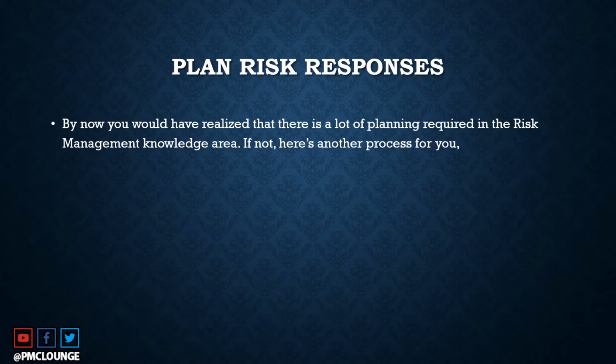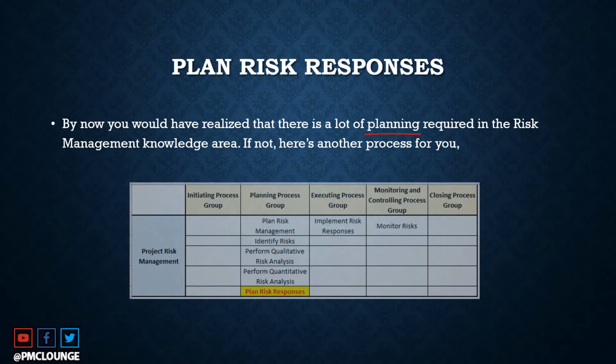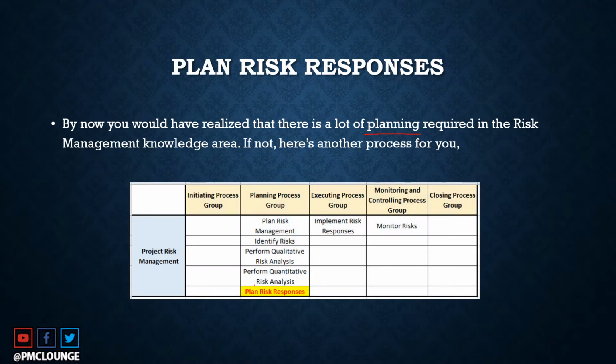Okay, so by now you would have realized one thing, and that is that there is a lot of planning involved when it comes to the risk management knowledge area. If you have not realized it, here's another process for you, which is what we are discussing today. Plan risk responses. So this is the PMBOK mapping. We are talking about the planning process group. We are in the risk management knowledge area.